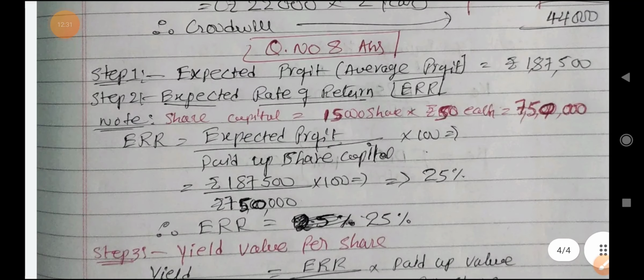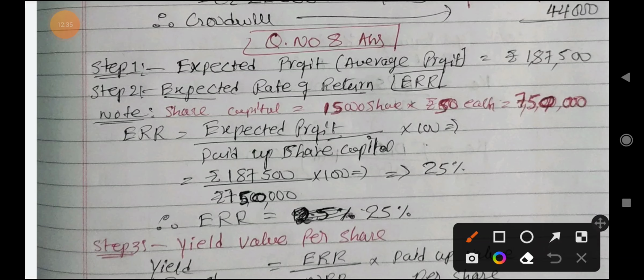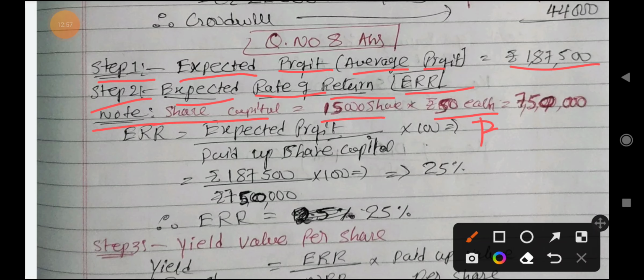So question number 8 answer. They already gave us expected profit or average profit 1,87,500. Step 2, expected rate of return ERR. Share capital, just now we have calculated in a note, share capital is equals to 15,000 shares at rupees 50 each, paid up value only you take, rupees 7,50,000.